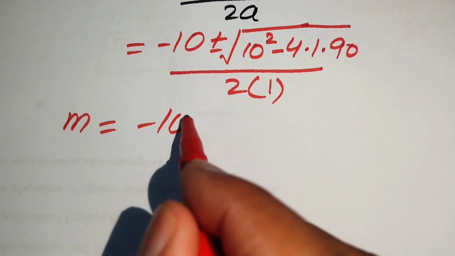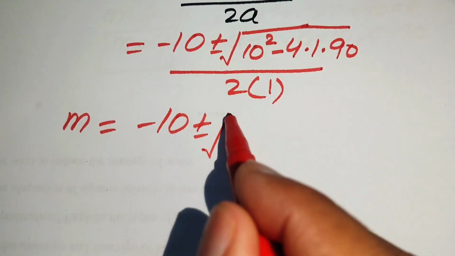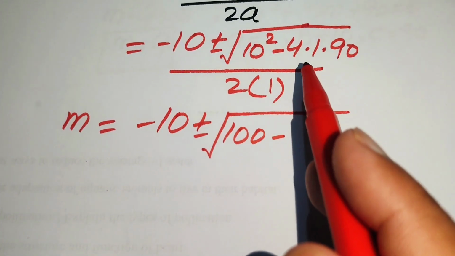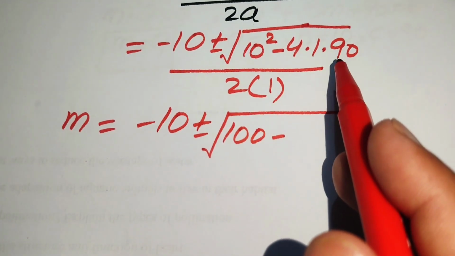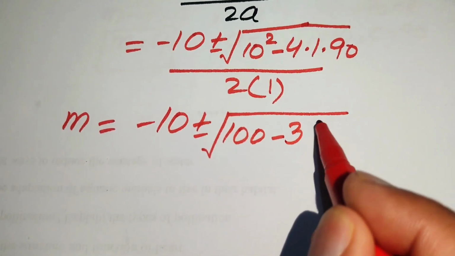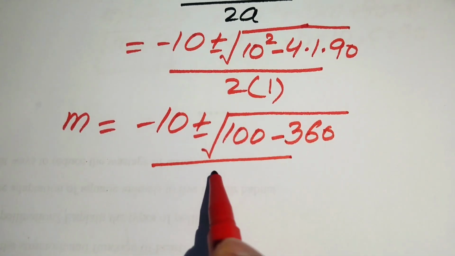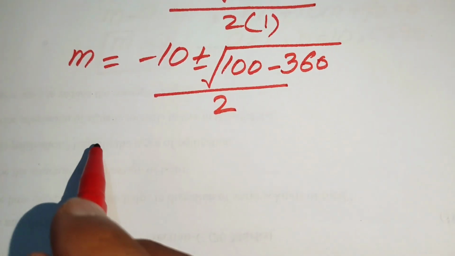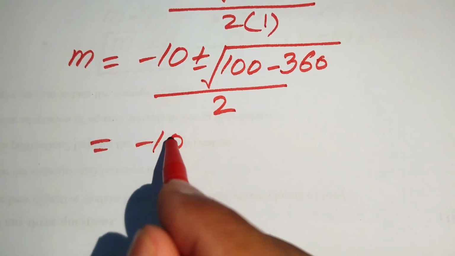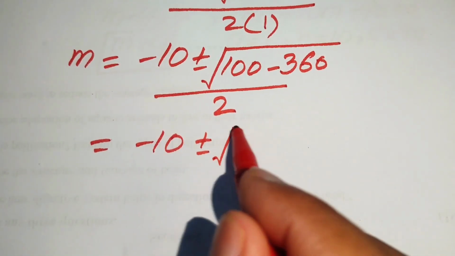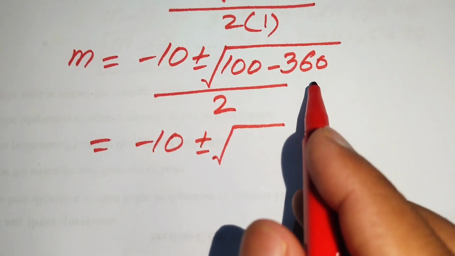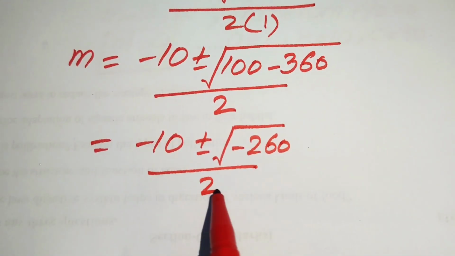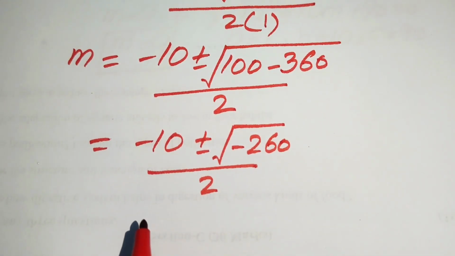This is minus 10 plus minus square root of 10 square, which equals 100, minus 4 times 90, which equals 360, divided by 2 times a, which is 2. So now we again write this as minus 10 plus minus square root of 100 minus 360, which equals minus 260, and it is divided by 2.